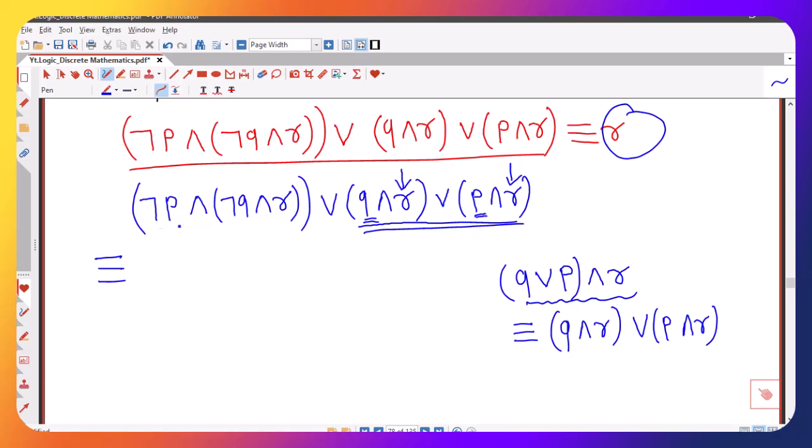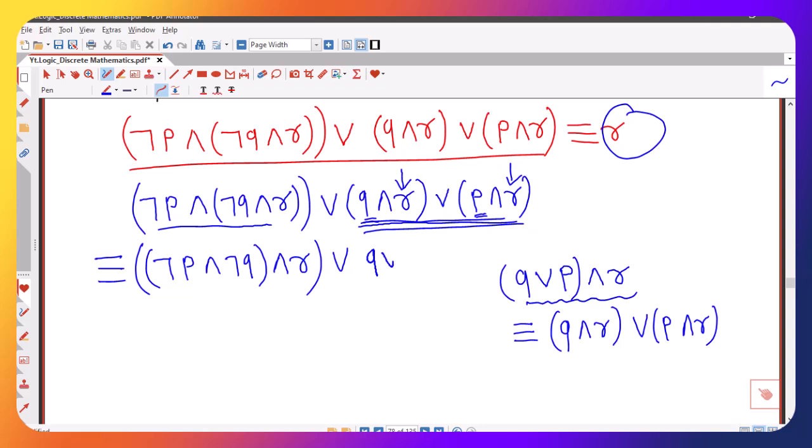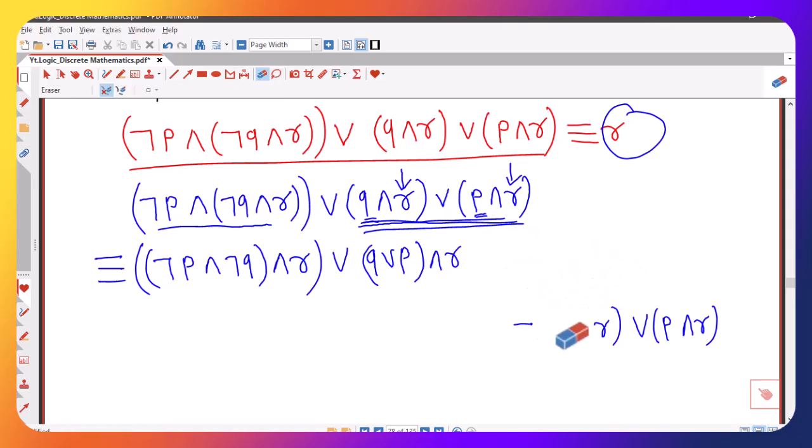And here I can apply associative law and I can combine this negation P and negation Q and R, this is in the bracket, and this I am replacing by (Q or P) and R. And what I have applied here is distributive law.